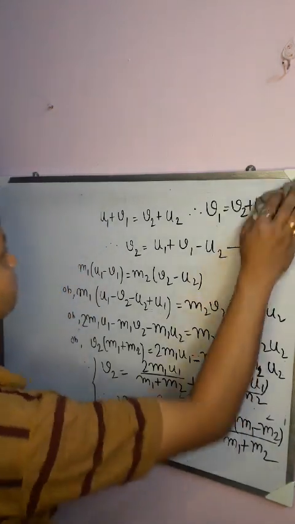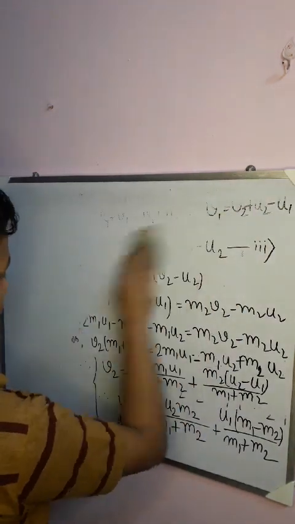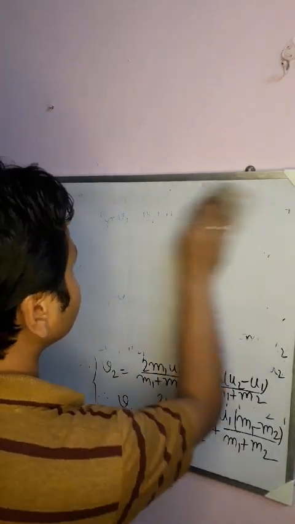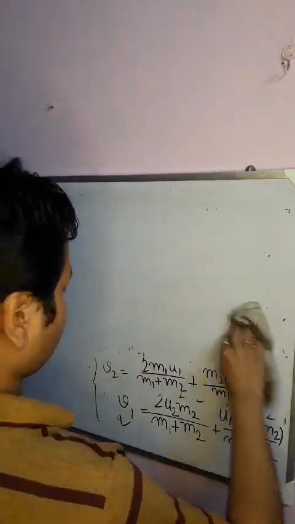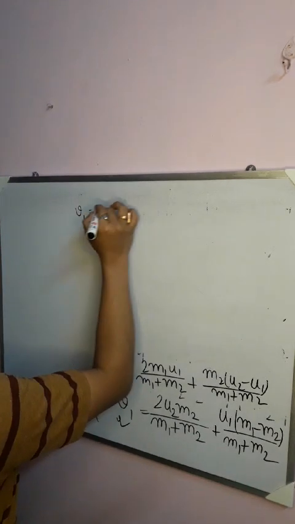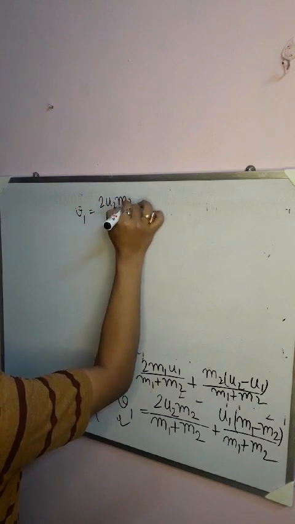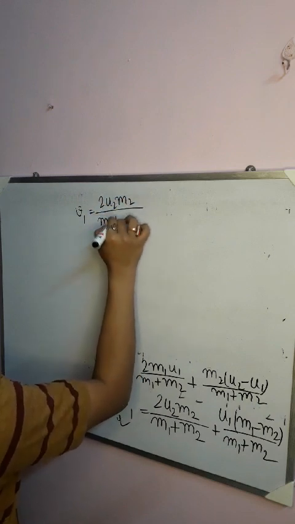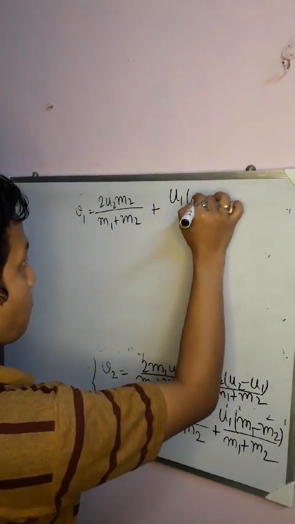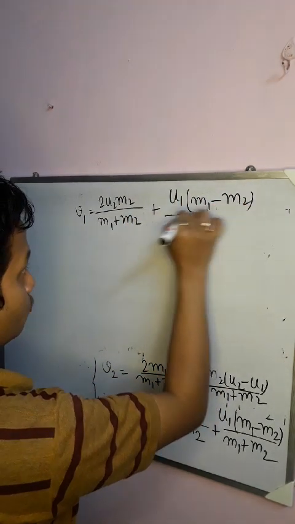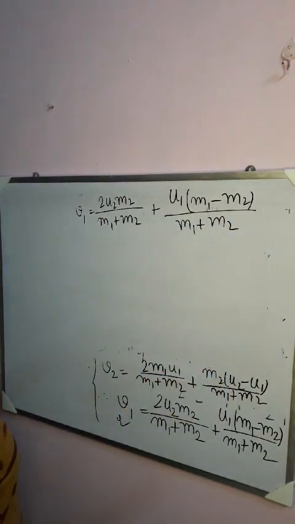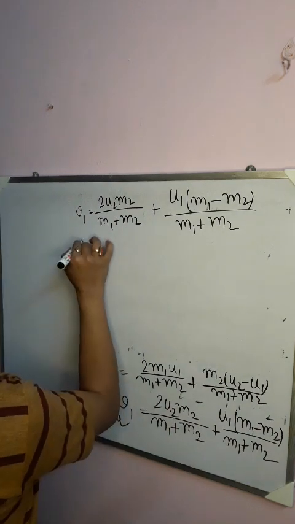So we have found the value of both the velocities after collision. v1 is 2u2 m2 by m1 plus m2 plus u1 into m1 minus m2 by m1 plus m2, and what will be my v2?